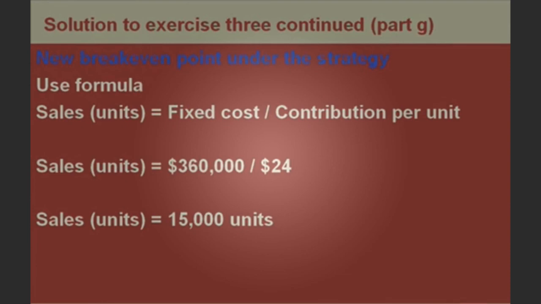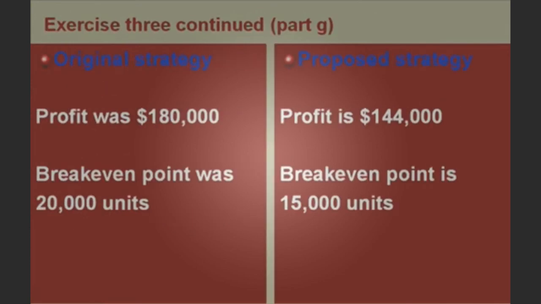Why did the person who suggested this think it's a great idea? Let's compare the original situation with the situation if you follow this strategy. Before the strategy, the profit was 180. If you follow the strategy, profit is 144,000.